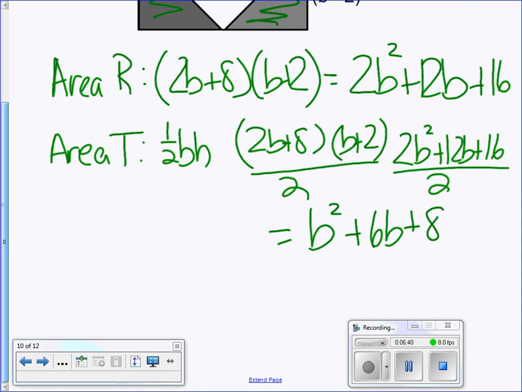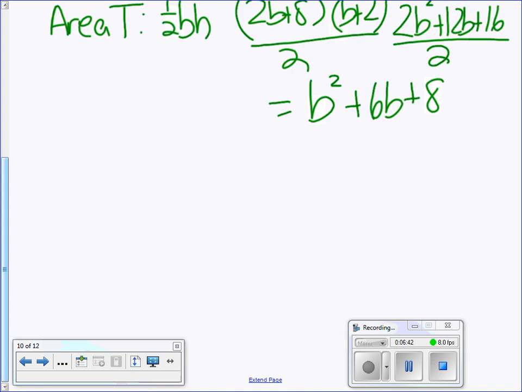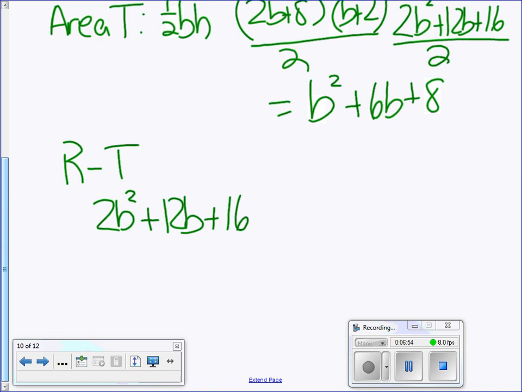Then I have to find the area of the gray part, so that means I'm going to take the rectangle minus the triangle. So that's 2b squared plus 12b plus 16. And then I have to subtract the triangle, which was b squared plus 6b plus 8.